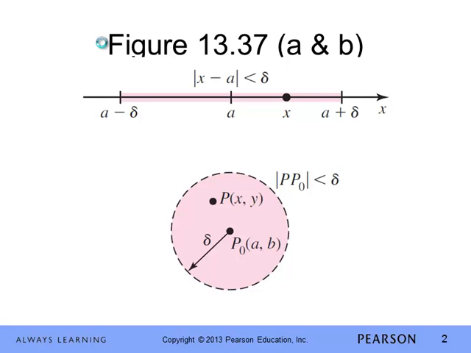So instead of a little interval on the x-axis, what we're thinking about now is this little patch of domain centered at p sub 0. The p sub 0 here is playing the role of the x sub 0 here.